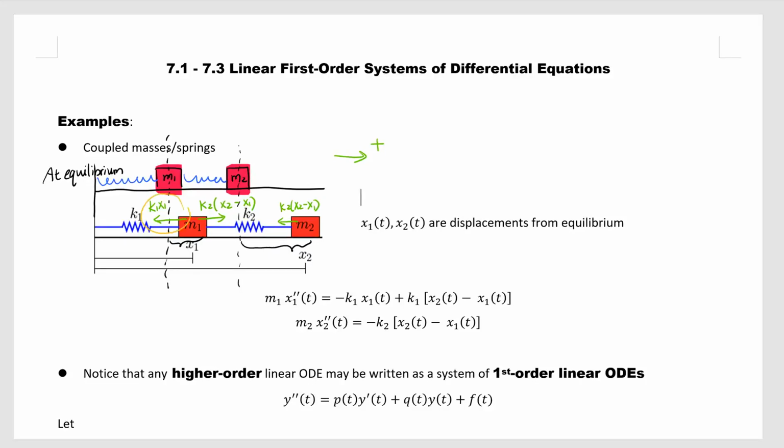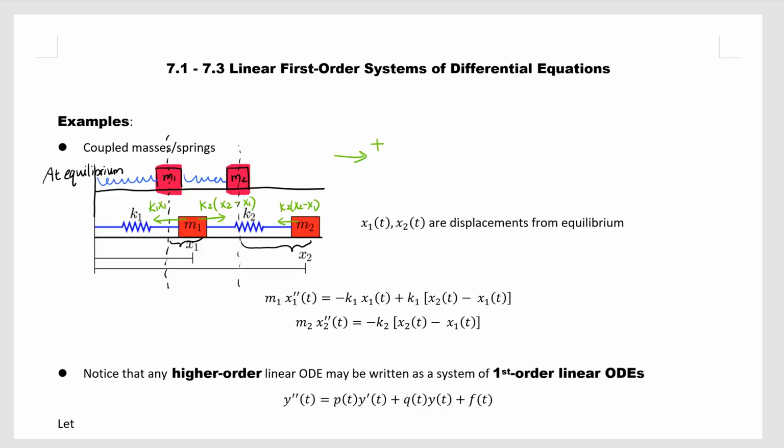So here we have the spring force K1 times x1, and we also have another spring force from the second spring. How does this one stretch? M2 stretches x2 and M1 stretches x1.